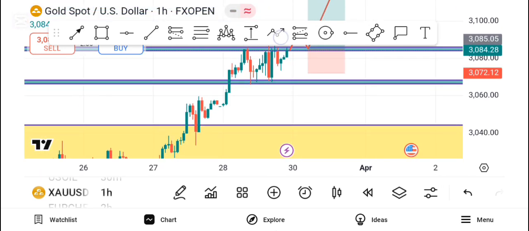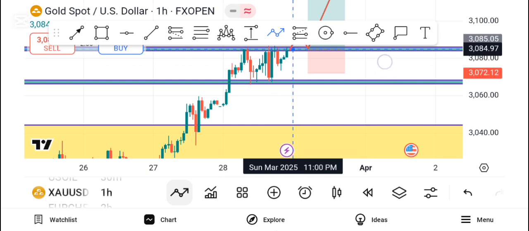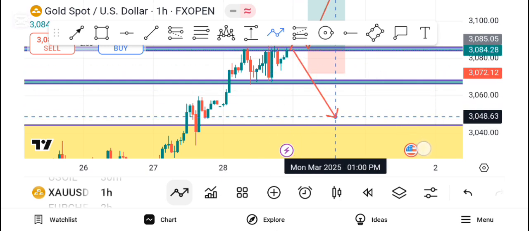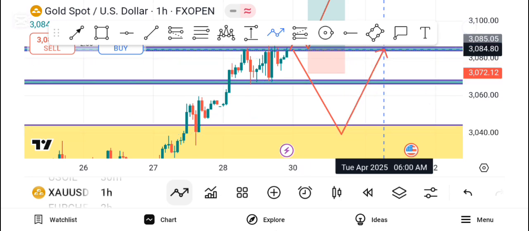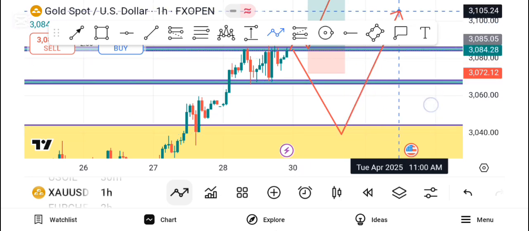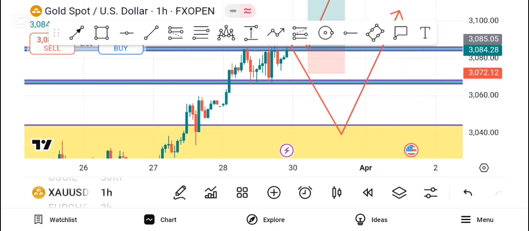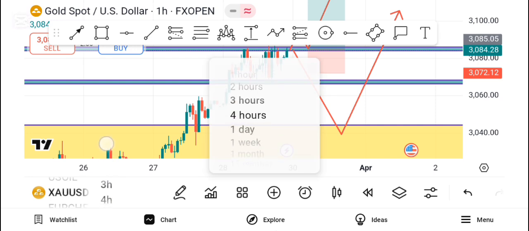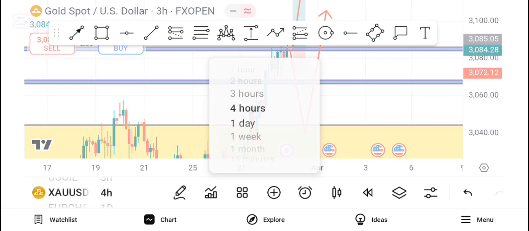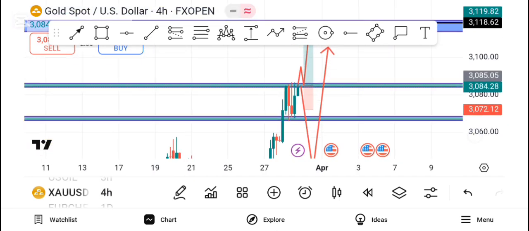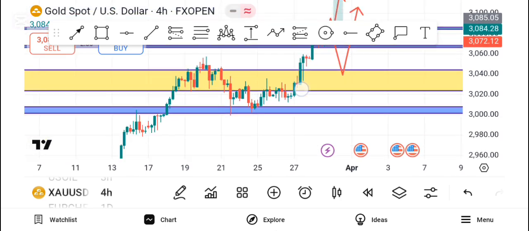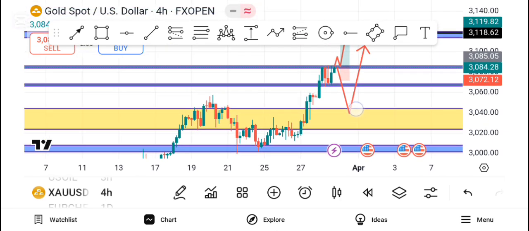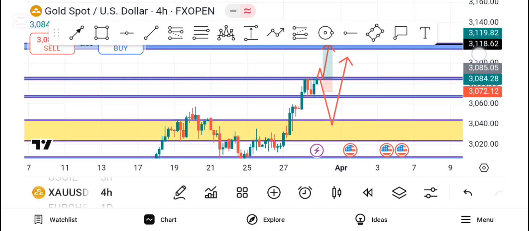Or when price breaks down here, I will look for candle confirmation and take my entry to the upside. Why? Because this is a higher low on the daily time frame. This is the higher low, as you can see, the higher high and higher low over here. So this is my full technical analysis on gold.